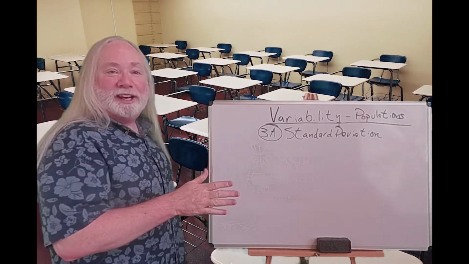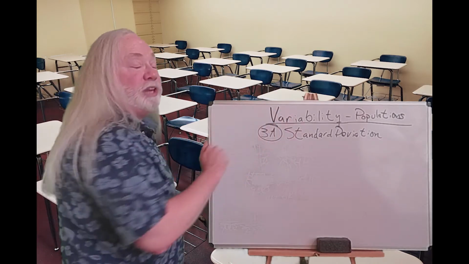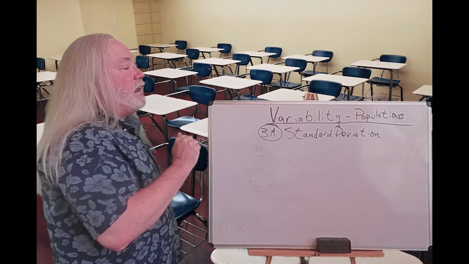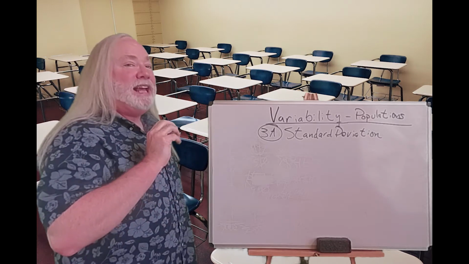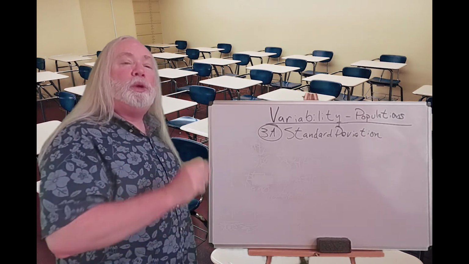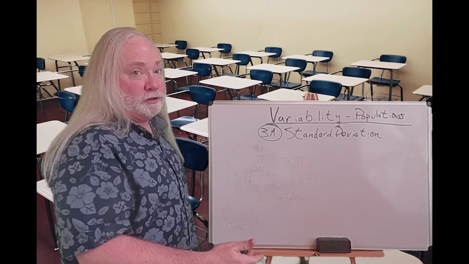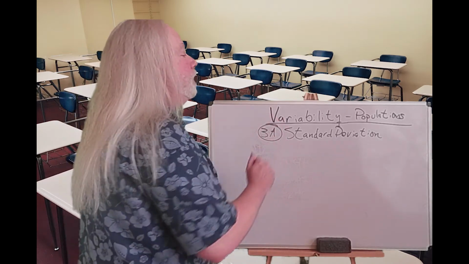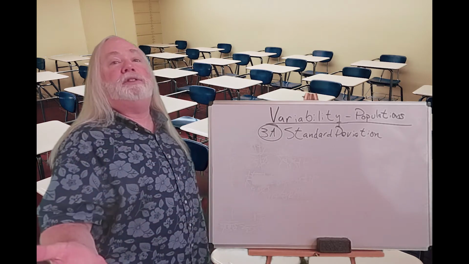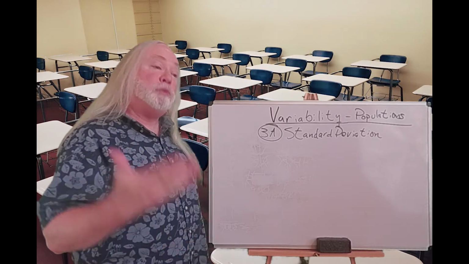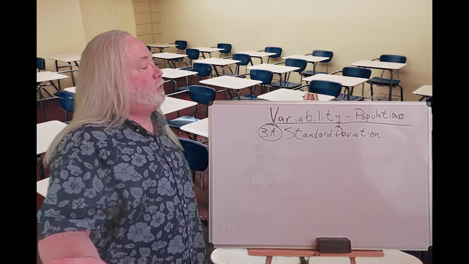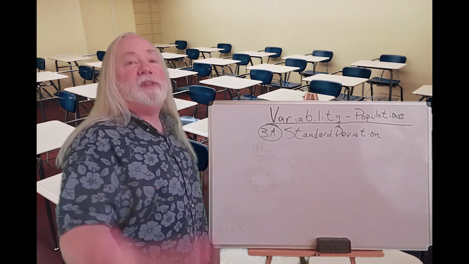I called it the promised land in an earlier video clip. This is the destination. Let's define it. Standard deviation is the average distance between raw scores and the mean. So variance is the average squared distance between raw scores and the mean. Standard deviation is simply the average distance between raw scores and the mean, which is what we're trying to do this whole time. So in order to do that, you have to do variance first.